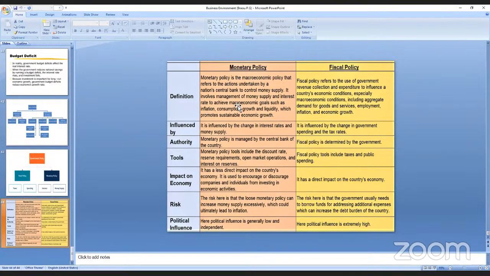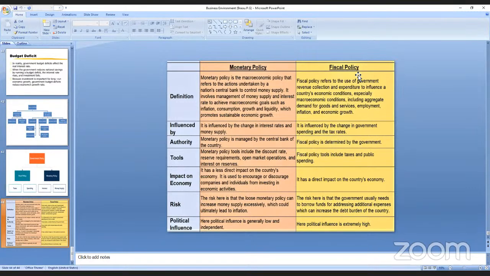When it comes to fiscal policy, it is always government revenue collection and expenditure, on the country's economic condition. It includes the aggregate demand for goods and supplies, that is GST, and employment, inflation and economic growth. See, this is the difference. Monetary policy is always controlling the money supply.